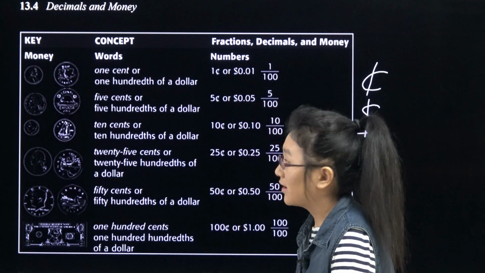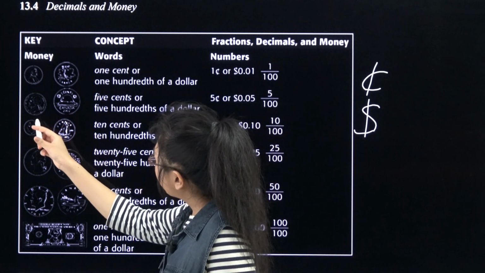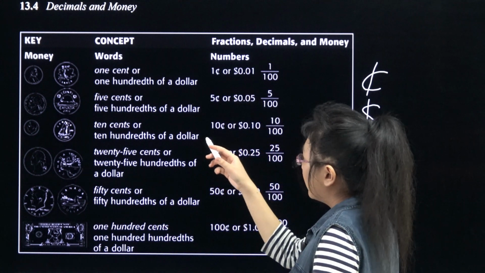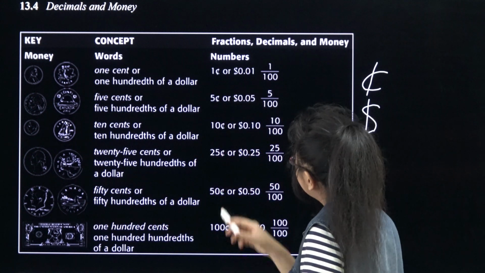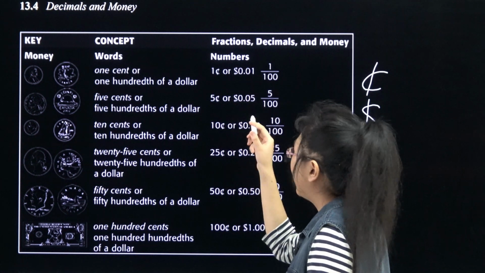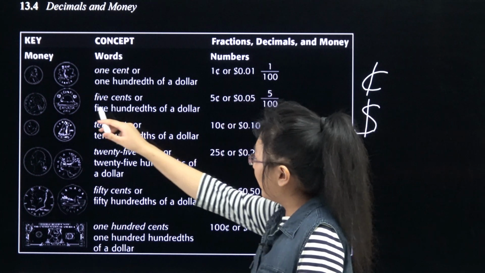And 5 cents, the nickel, that's Canadian, that's American. 5/100th of a dollar. So that'd be 5 cents or $0.05, 5/100th of a dollar. And yeah, that's about it.